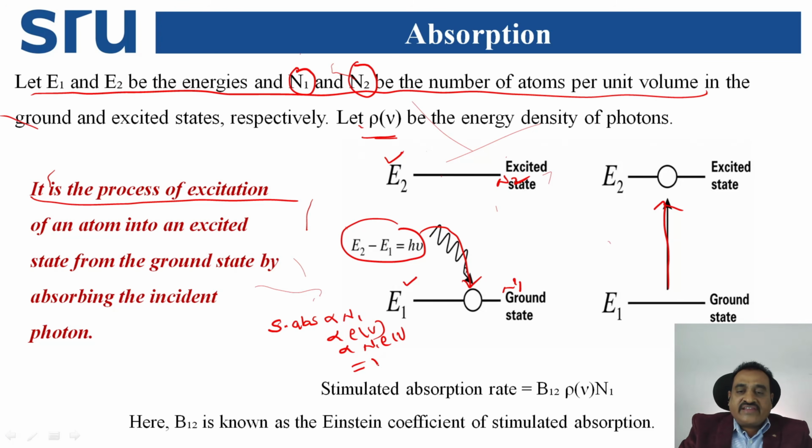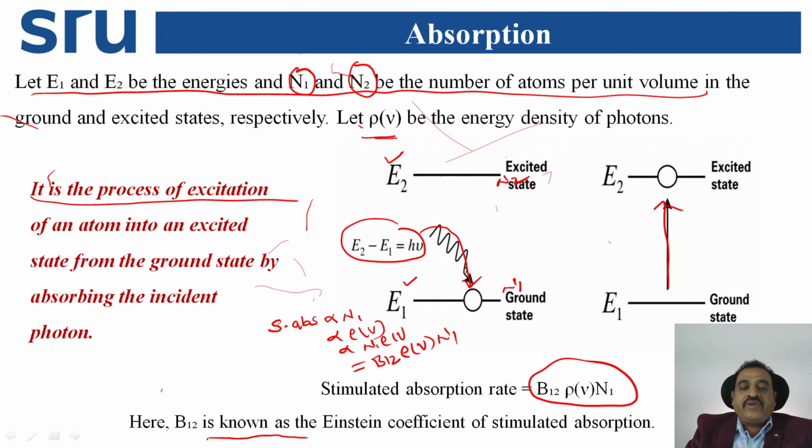With proportionality constant B12, the stimulated absorption rate is B12 rho v N1. Here the constant B12 is known as Einstein's coefficient of stimulated absorption.